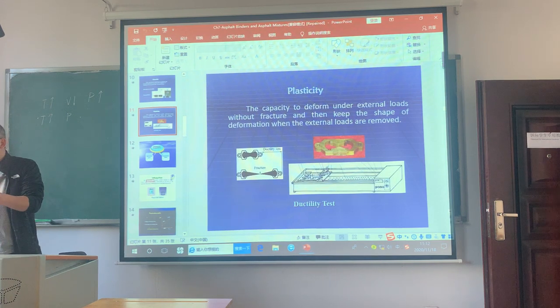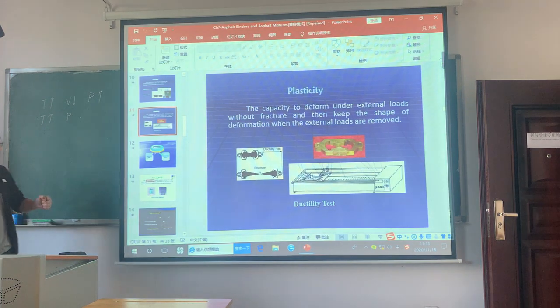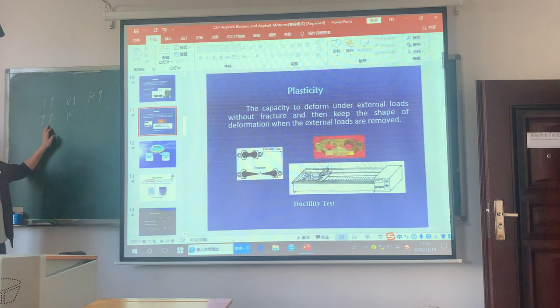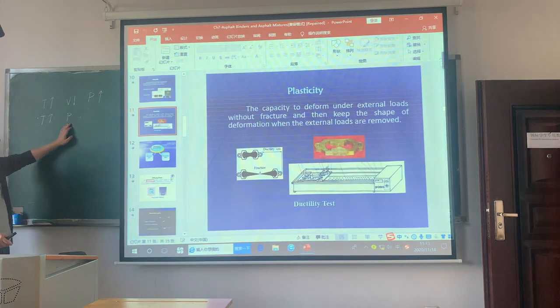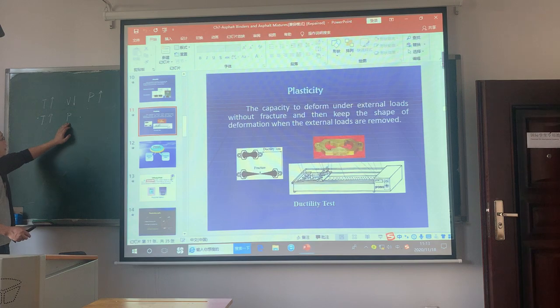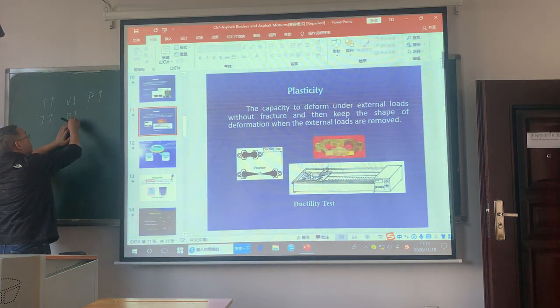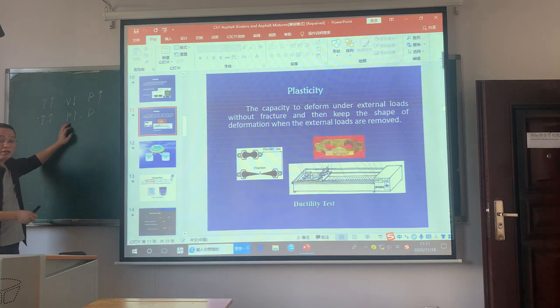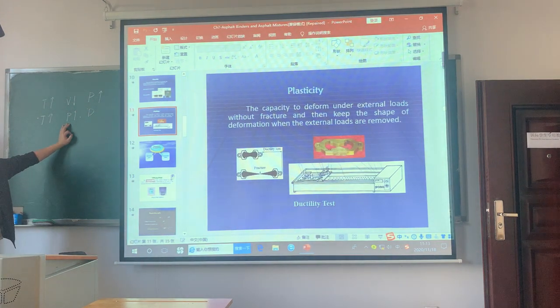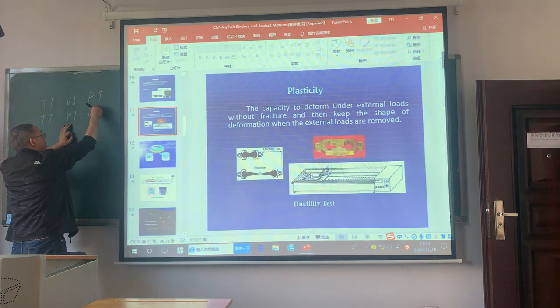So if the ductility of the asphalt is big, it means it can resist the stress at low temperature. So if the temperature increases, usually the plasticity will increase, and the ductility also will increase.